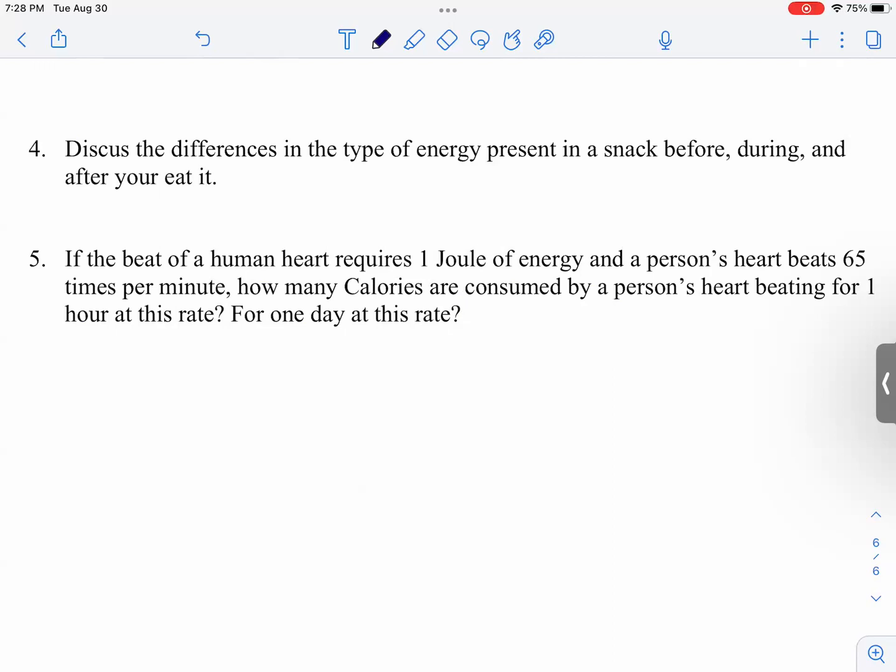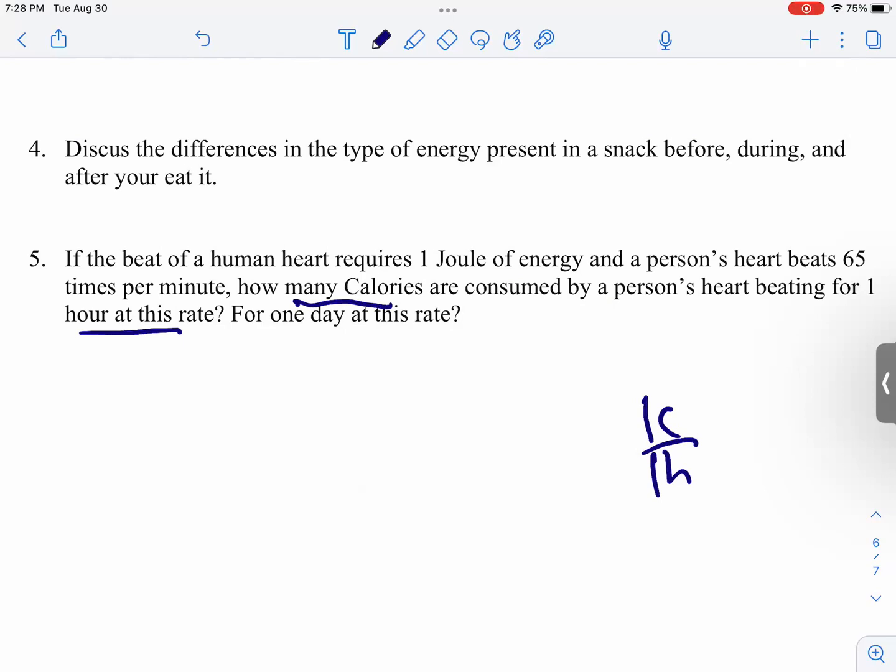So just put yourself in the position of the problem. If you really wanted to know this, how would you solve it? What are you looking for? You're looking for how many calories, beating for 1 hour.